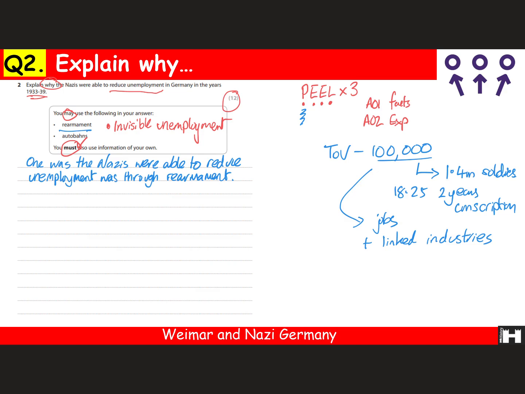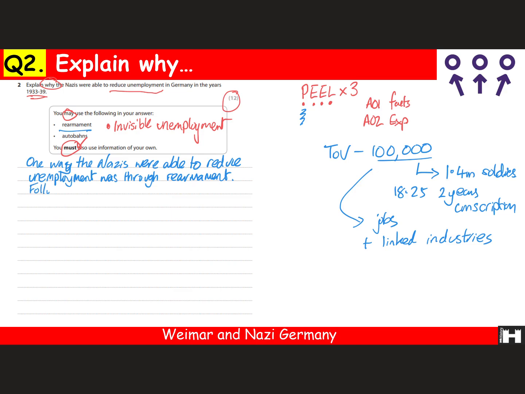So I'm going to write, I've put there, the Nazis were able to, should be one way. One way the Nazis were able to reduce unemployment was through rearmament.